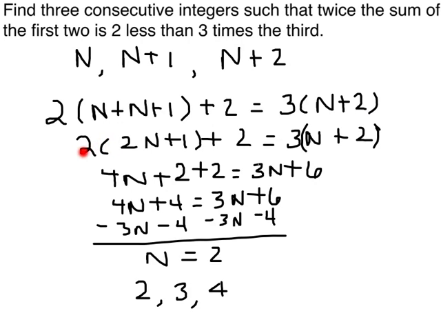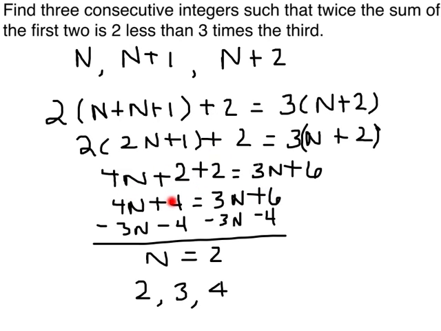So here I've added my like terms. Here I'm going to distribute, and then I get 4n plus 2 equals 3n plus 6. Then I'm going to get everything on the side where it belongs. Here I've got 4n.